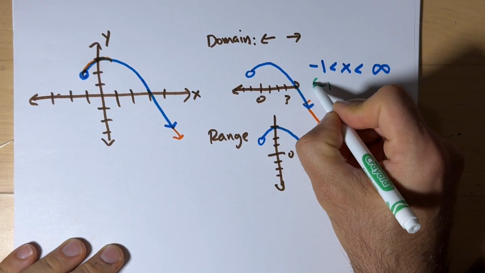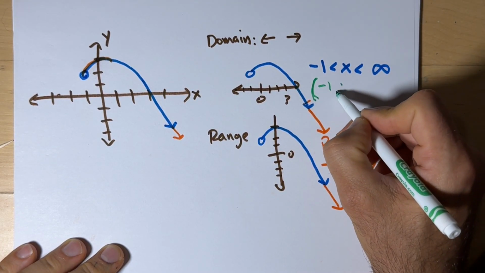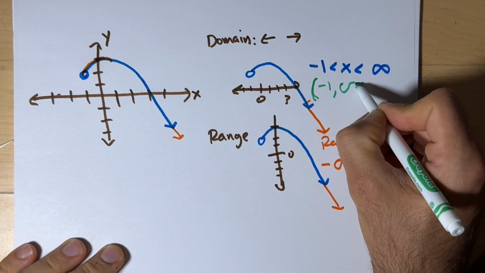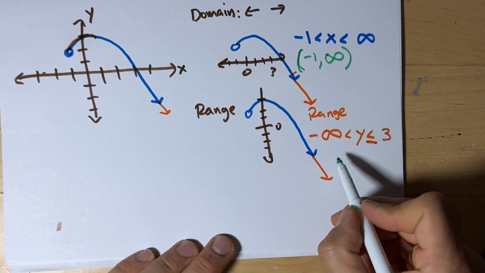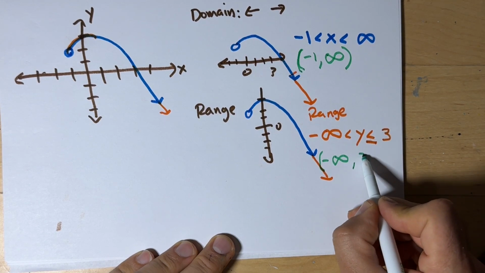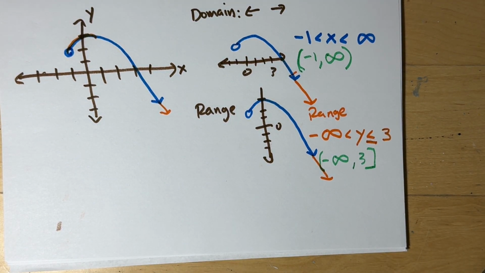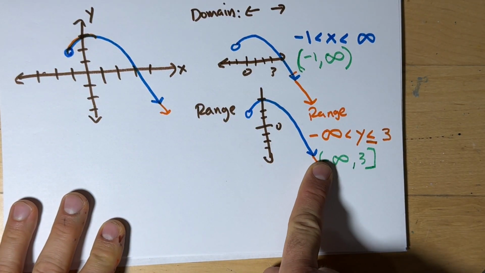From -1, no equal sign is a parenthesis, and then infinity, and 3 equals 3, so it will have a bracket. So interval notation is set up the same way. Most to the left, to the right for domain, lowest one to the highest one.